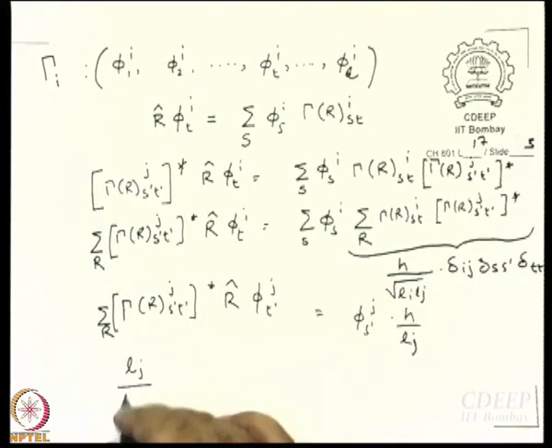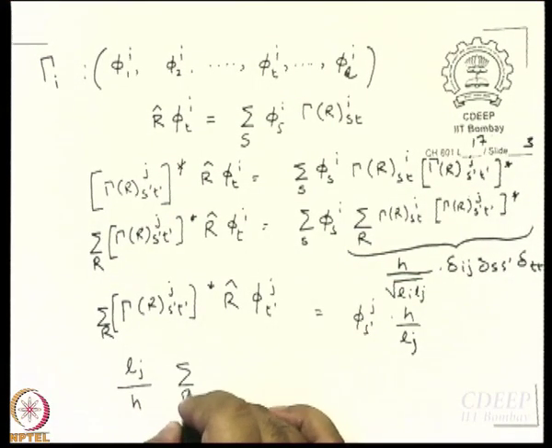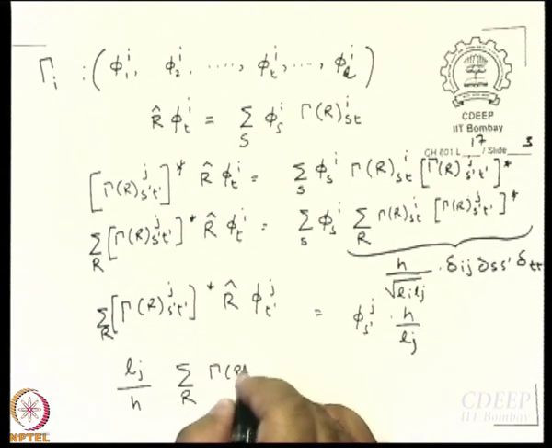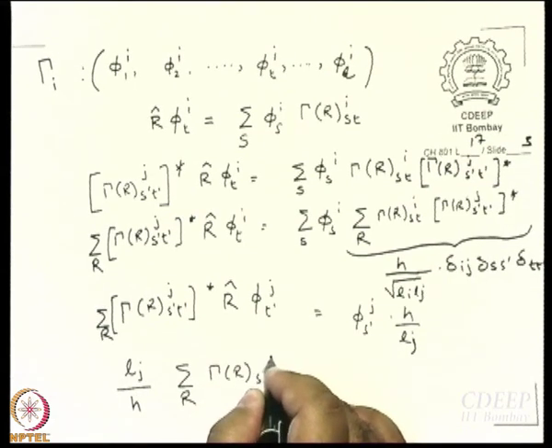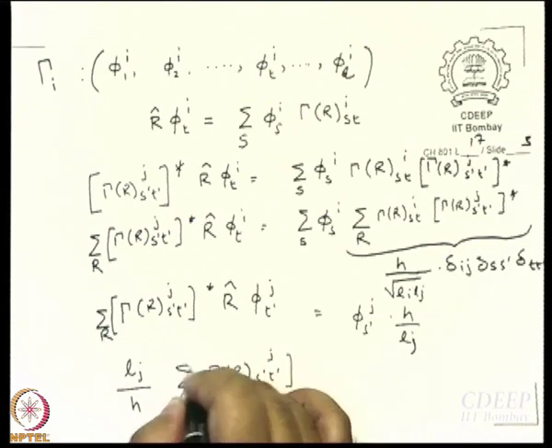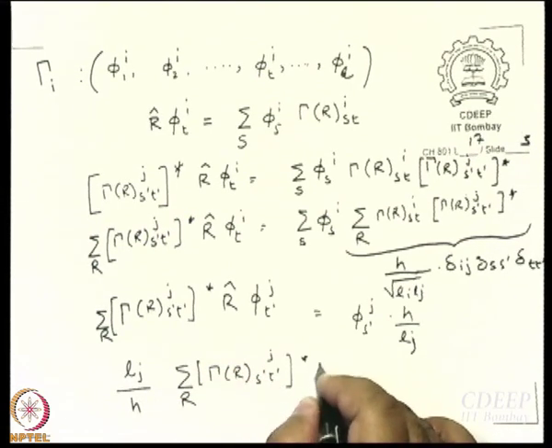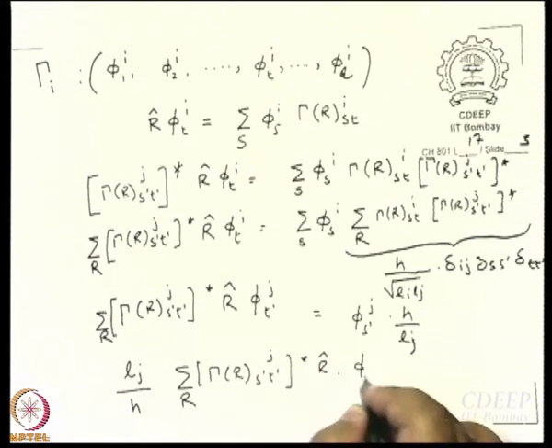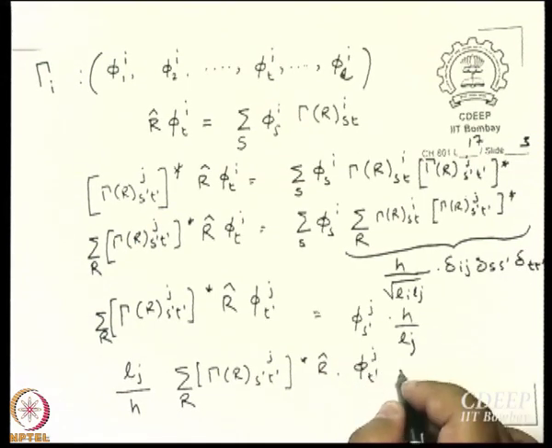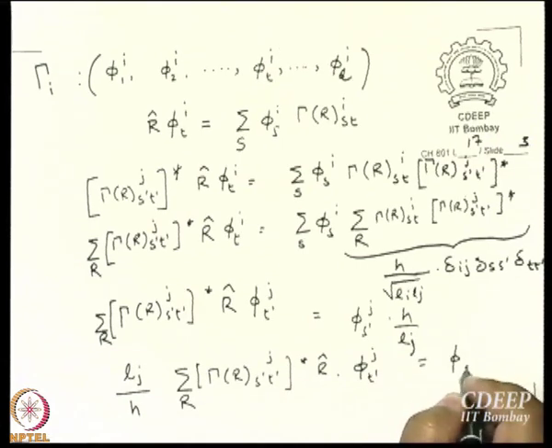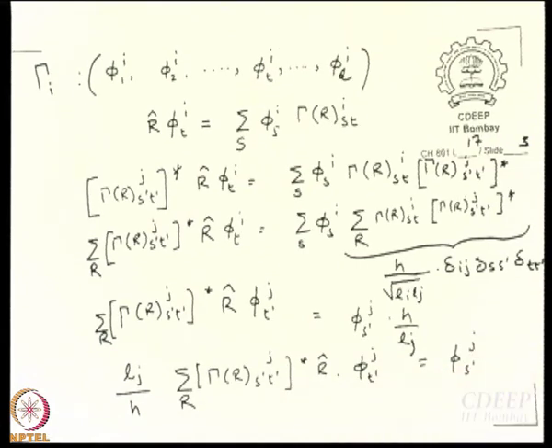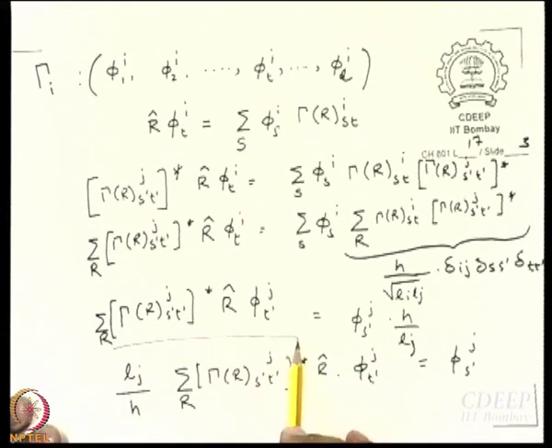So what do you have on the left hand side? If I write Lj divided by H sum over R gamma R S dash T dash J, star of that, R hat operating on phi T dash J is equal to phi S dash J. What just happened?